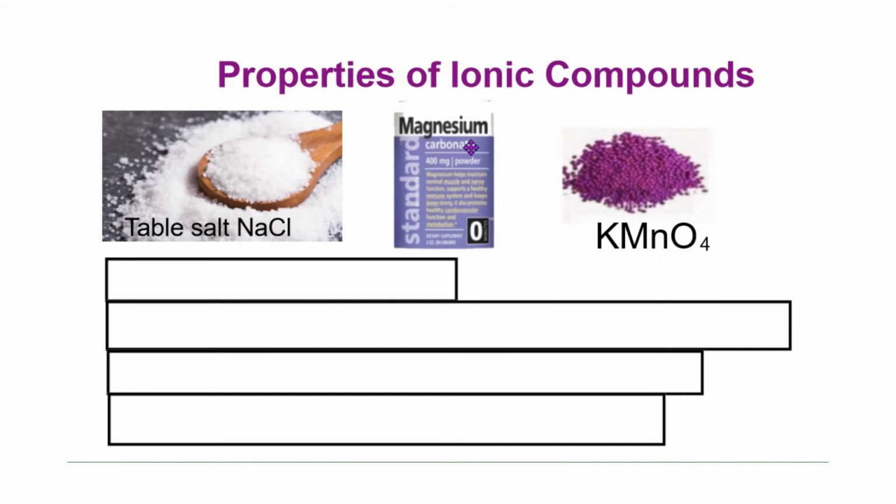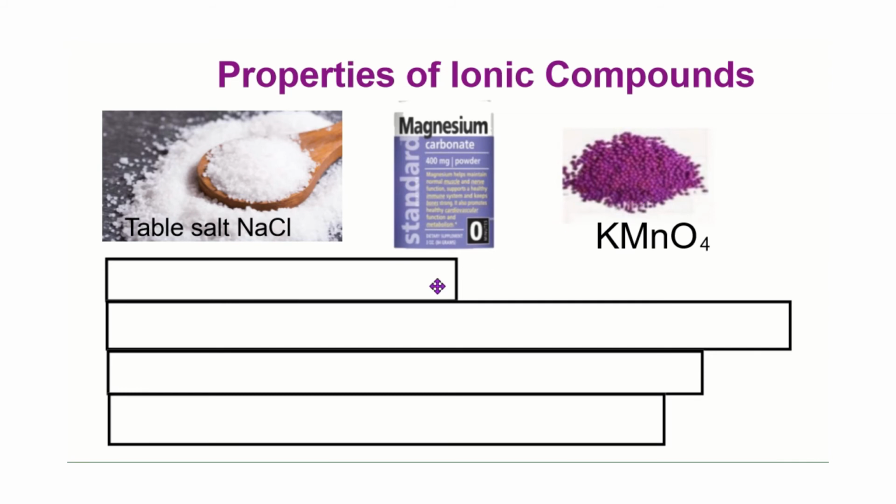Now magnesium carbonate is an example of an ionic compound, and that can be used to boost your immune system. And then we have potassium permanganate, and that can be used as an antifungal if we're looking at its medicinal value.